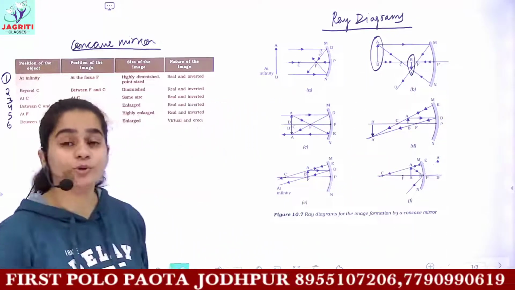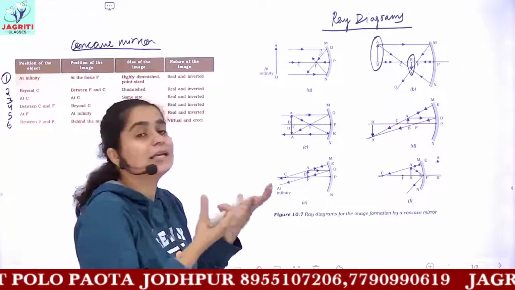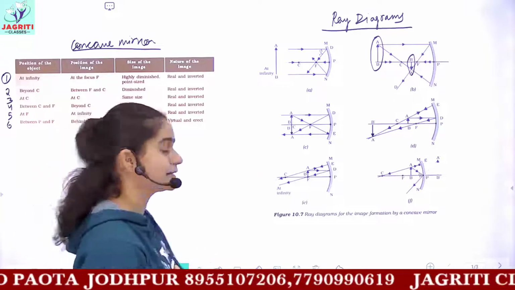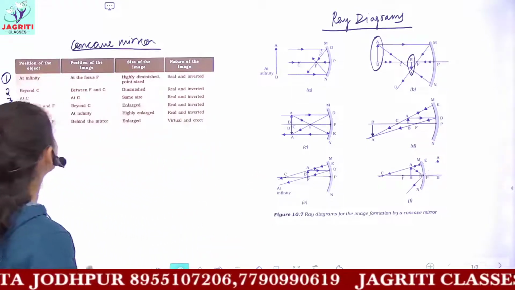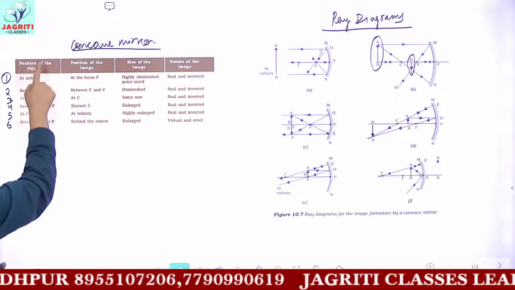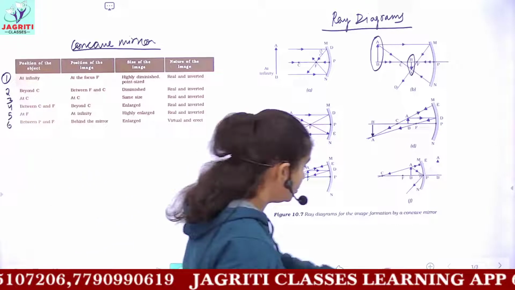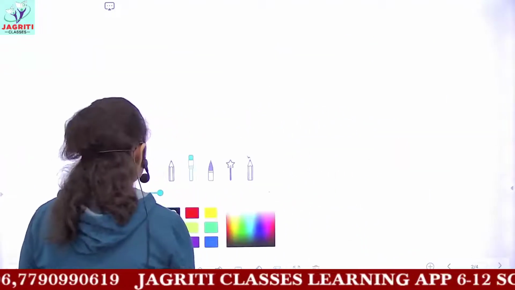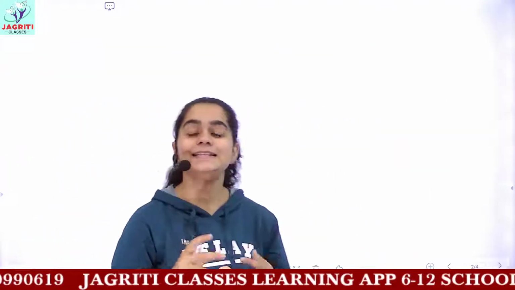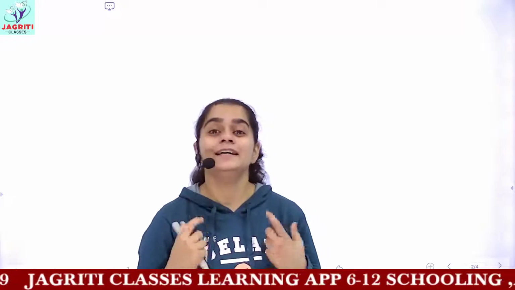How you have to start making these diagrams, we'll discuss. We are discussing the first case, that is, when the object is placed at infinity, the image is formed at focus. Let's see how you can make and learn these ray diagrams.